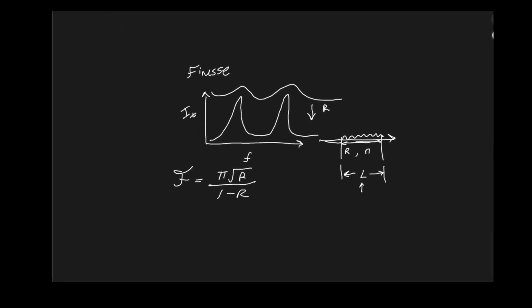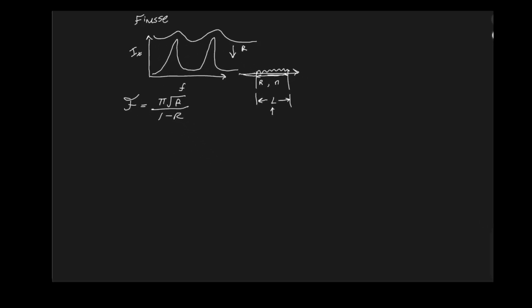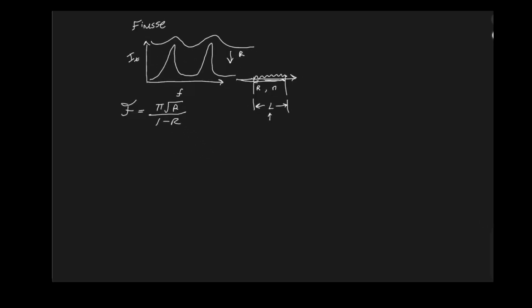And now, why is this important? How does R affect the overall sharpness that we're talking about here?